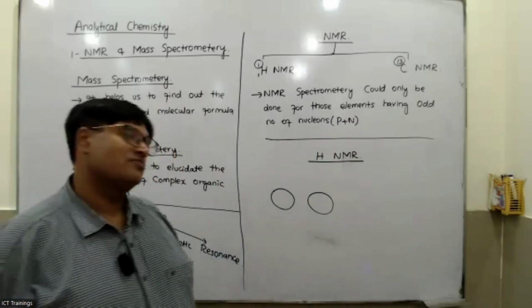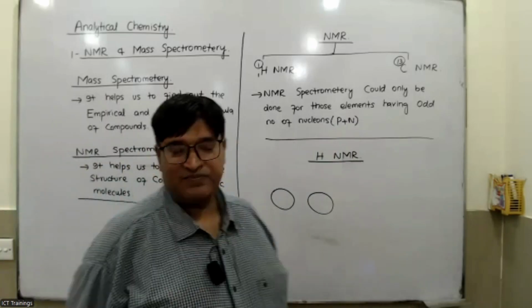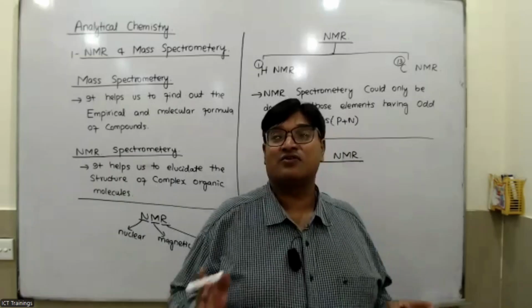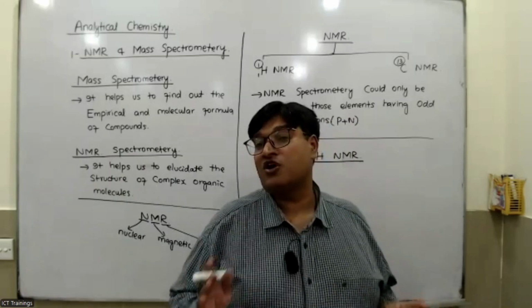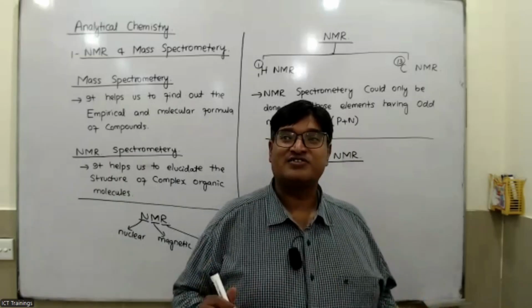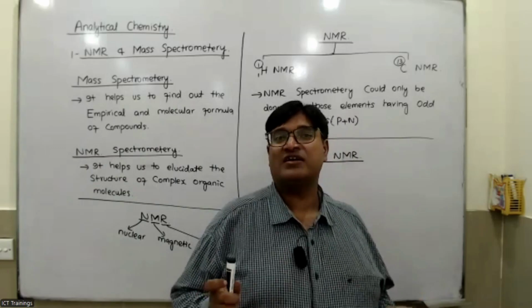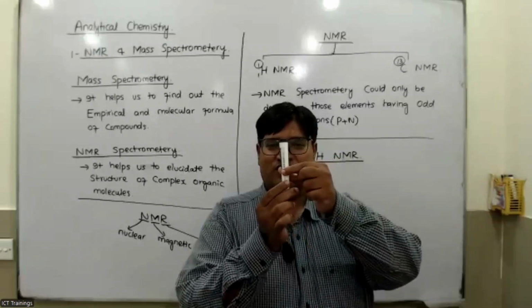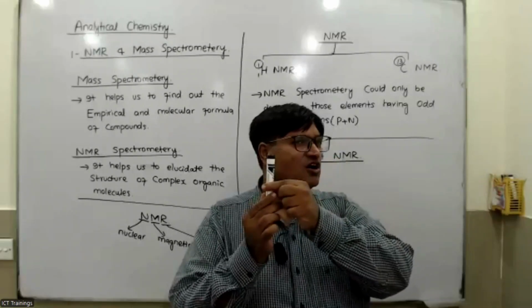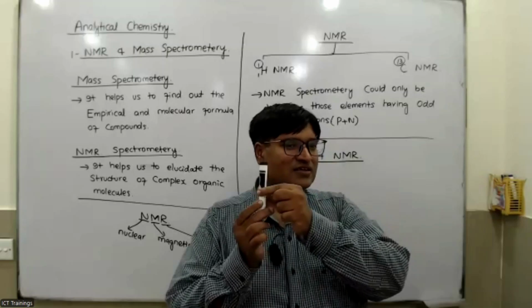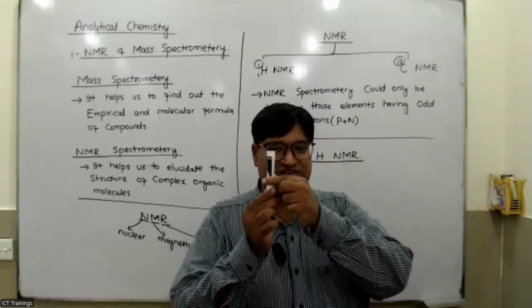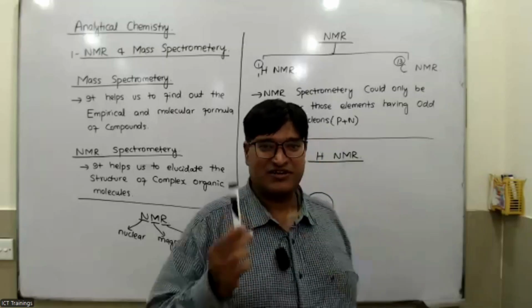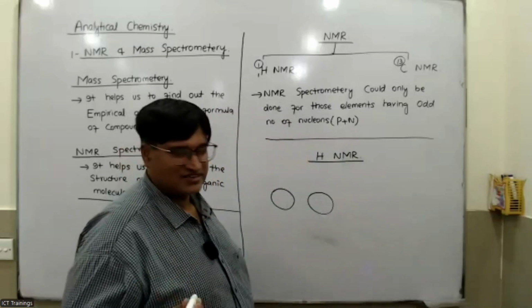Now keep this in your mind all the time: the nucleus of any atom is not stationary. It is always revolving or rotating, whatever you say. Anything which is revolving around its axis is called revolving or rotating. So rotation is like that. It is rotating around its axis.